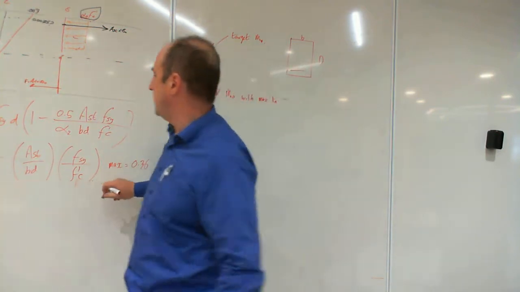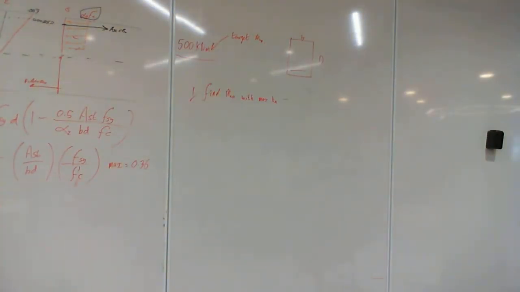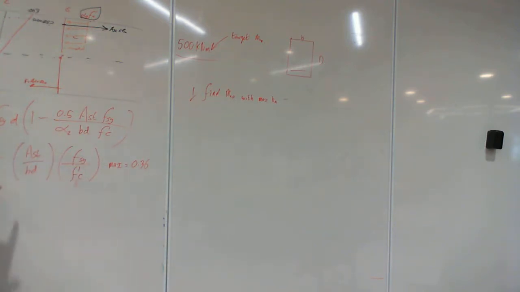So I use this equation, put 0.36 there, and you know what concrete strength you're using, so those two numbers come out. Rearrange it to get the area of steel, and you will find out what is the area of steel for that maximum Ku of 0.36. So that's the first step you do.